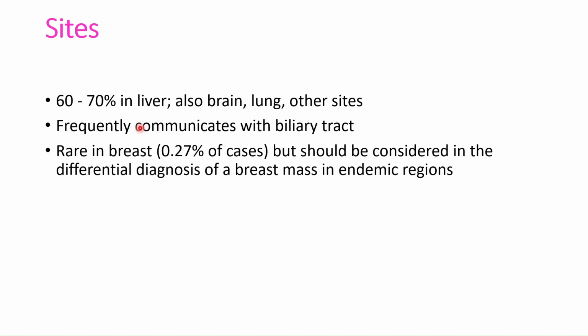The most commonly affected organs in humans are the liver, brain, lung and other sites. It frequently communicates with the biliary tract, and is rare in the breast but should be considered in the differential diagnosis of a breast mass in endemic regions.